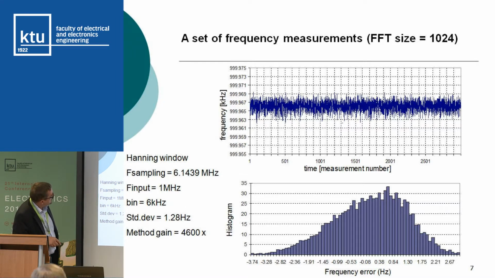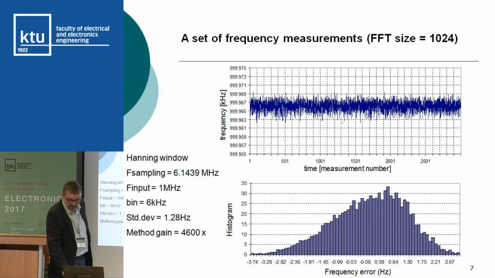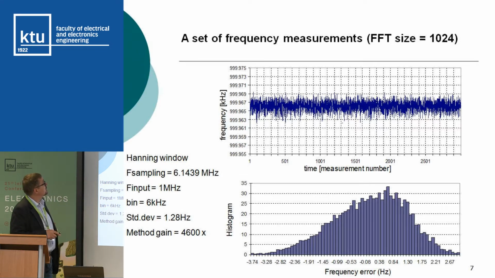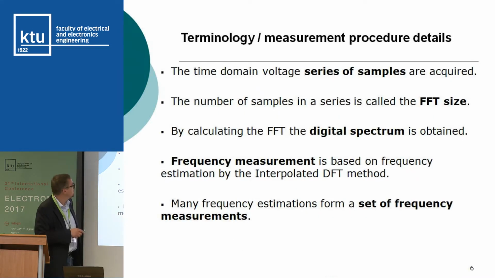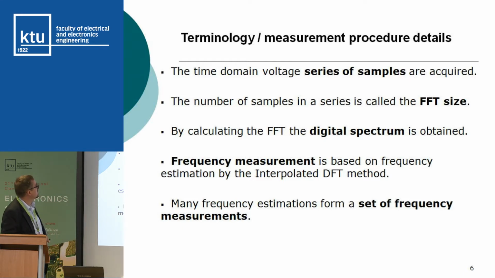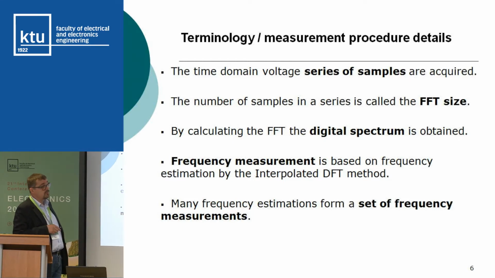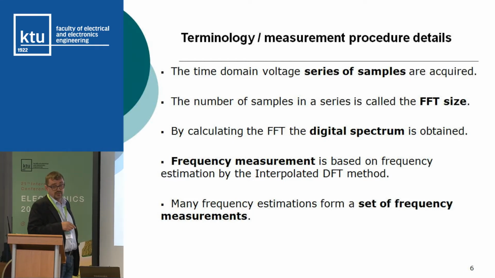It has a shape similar to Gauss. This was done for an FFT size of 1 kilosample. I didn't tell you that, so I come back here. FFT size is the number of samples in the voltage series.